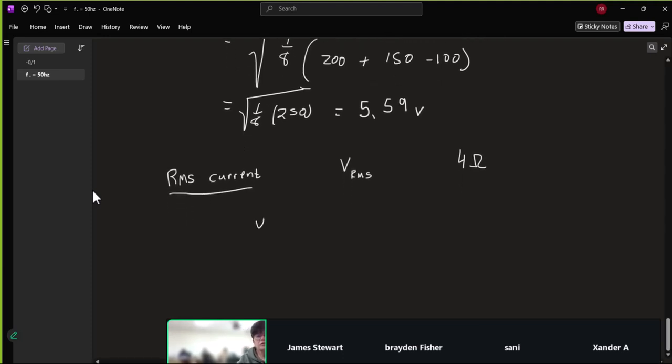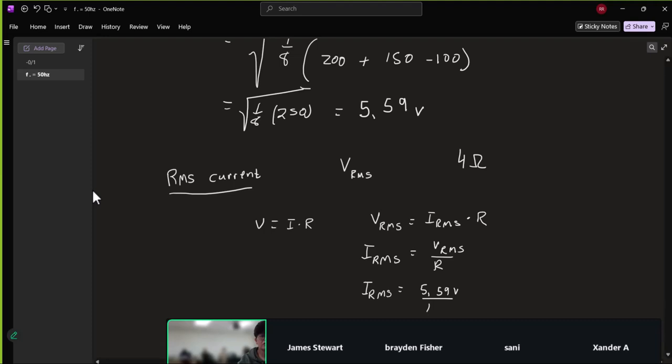And so if you know that voltage equals current times the resistance, then VRMS also equals IRMS times R, or IRMS equals VRMS over R, or IRMS equals 5.59 volts over 4 ohms, which is 1.4 amps.